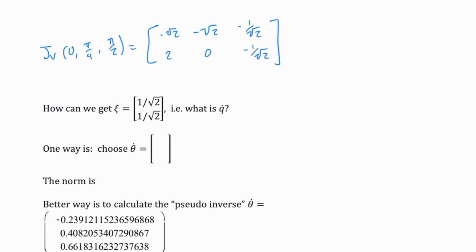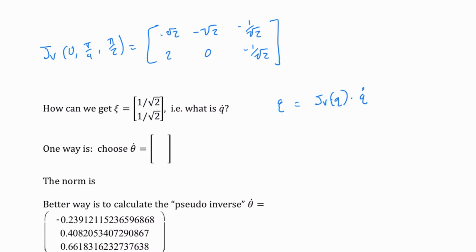So here we've got a question. How can we get the end-effector to move at 1 over root 2 and 1 over root 2 in x and y? The question is, what should q dot be to do that? An easy way to get this, because we've got 1 over root 2 and 1 over root 2 in the last one, and remember, psi is equal to Jv at configuration q, times q dot.